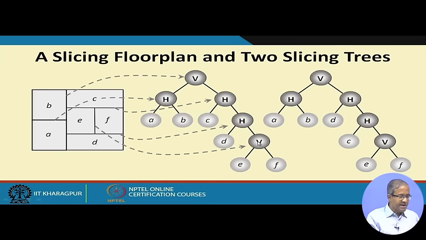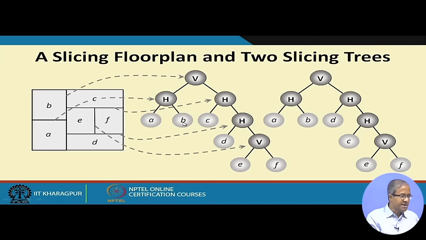E, F connected by a vertex V, which means E and F are partitioned by a vertical line. This whole thing indicates this entire rectangle E, F. D and this entire rectangle is connected by a horizontal line. This whole thing and C is connected by another horizontal line.